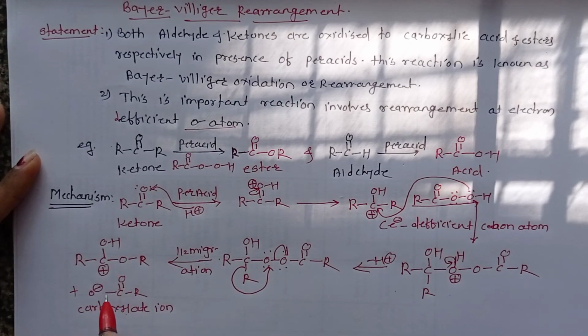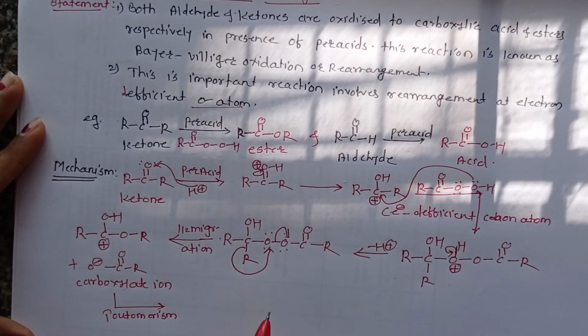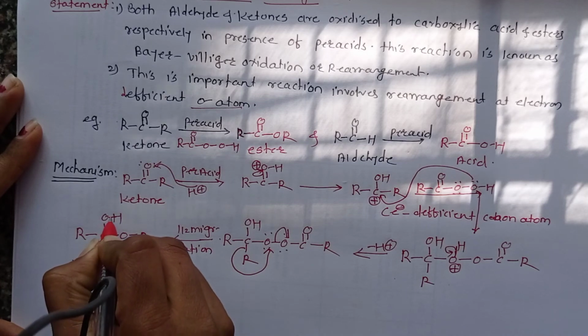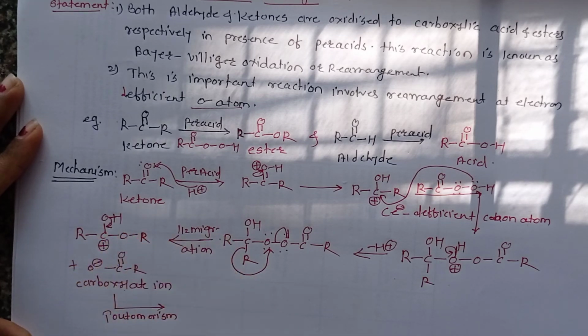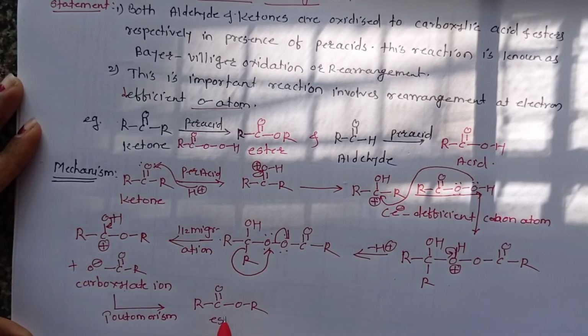In the next step, simply tautomerism takes place, and then we get the formation of the final product, that is, this bond shifts onto this carbon. So the carbon-oxygen double bond forms, and we get the final product, that is an ester.